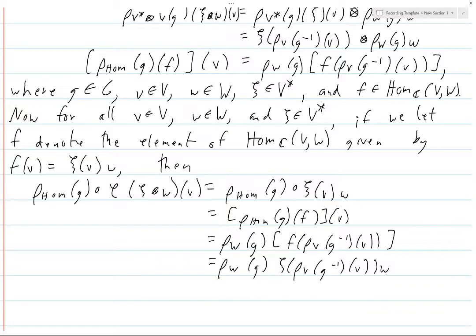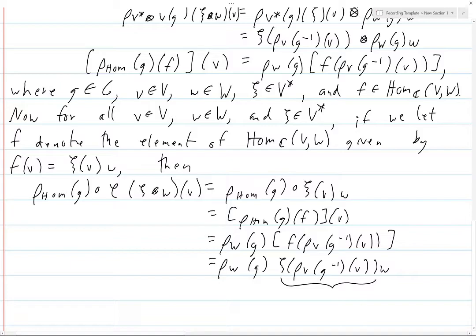But anyways, okay, so we're here. So now what we do is, remember xi is an element of V dual. So it will send an element of V to a scalar C. Rho W of G takes elements of W to elements of W. So here rho W of G is just being evaluated at this scalar constant times W. And since rho W is a homomorphism, since rho W is a representation, rho W of G is a linear map.